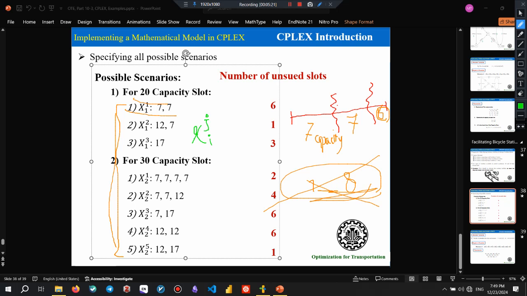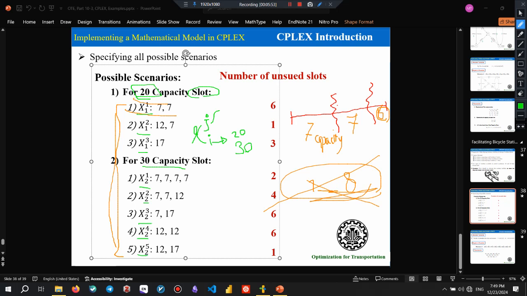And what does it say? The I represents the slot that we have. It is either a 20 capacity or a 30 capacity, so it chooses between these two, right? And the J is between these scenarios, that can be 1 through 5.